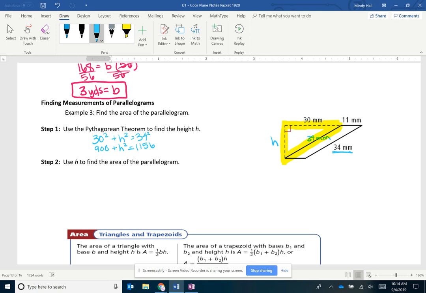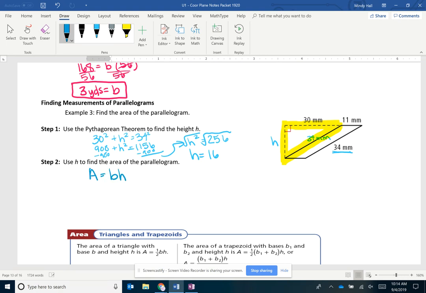And then when we subtract 900, we get that h squared equals 256. So if I take the square root of 256, that gives me a height of 16. So now that I know my height is 16, now I can actually find the area of this parallelogram.